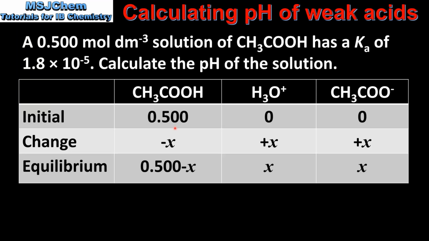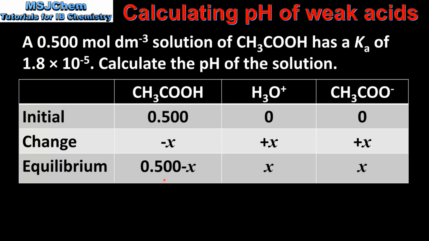The initial concentration of the ethanoic acid is 0.5 moles per decimeter cubed. The initial concentrations of the hydronium ions and the ethanoate ions are 0. The change in concentration is minus X for the ethanoic acid and plus X for the hydronium ions and the ethanoate ions.